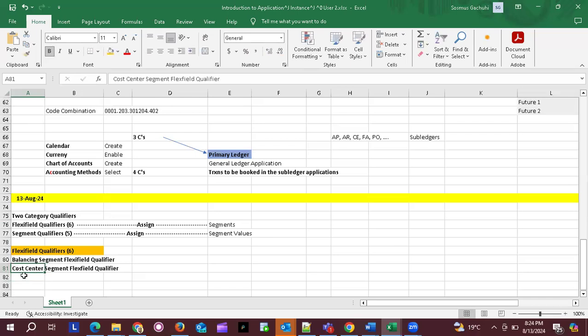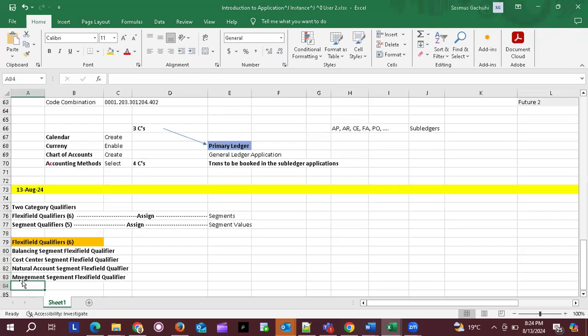That one is natural account. Then management.